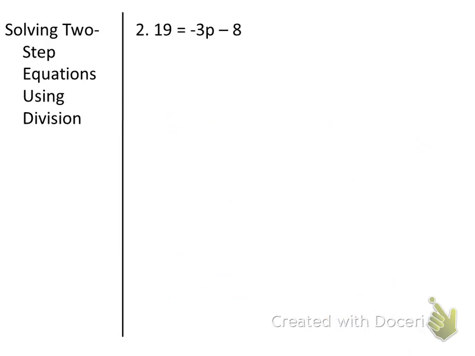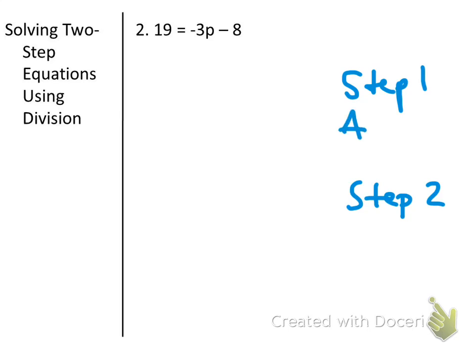For number 2, I have 19 equals negative 3p minus 8. So I'm going to do my steps again. Step 1 and step 2, since this is a two-step equation. So step 1, add or subtract.